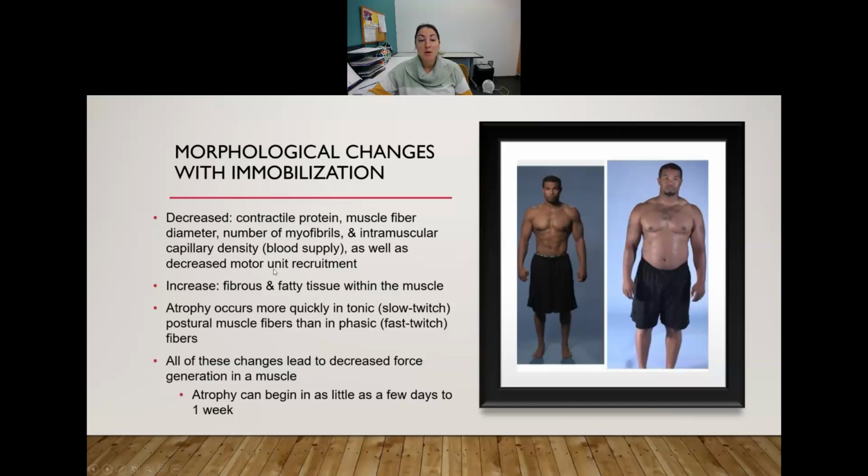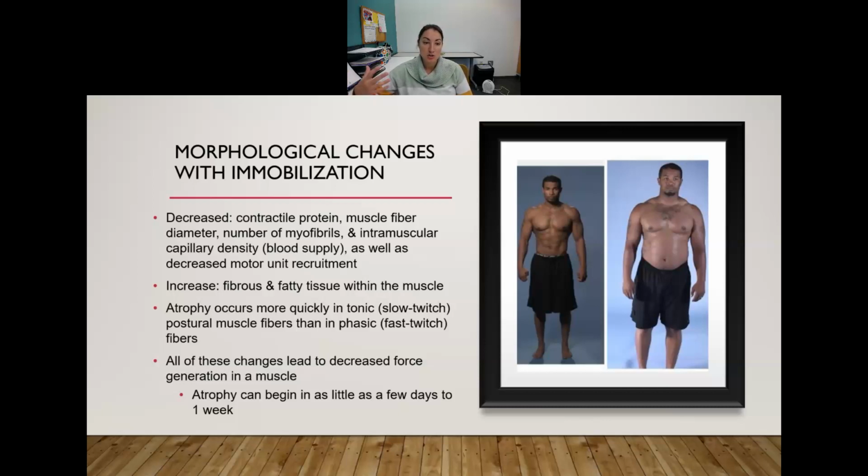So basically that means there's less of the components the muscle needs to contract, including the proteins and the nutrients from the blood, and there's less ability to recruit other motor units to create a larger contraction. That's where strength comes in, the ability to recruit more motor units in order to get a large contraction.